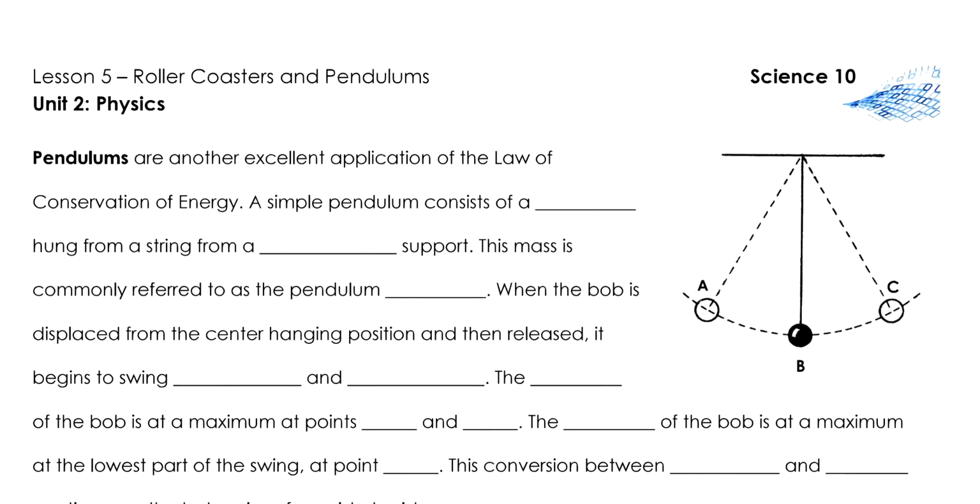Just as you saw in the video, a simple pendulum consists of a mass hung from a string from a fixed support. The mass is commonly referred to as the pendulum bob, and when the bob is displaced from the center hanging, meaning that it's lifted up to the side like this and then released, it begins to swing back and forth.